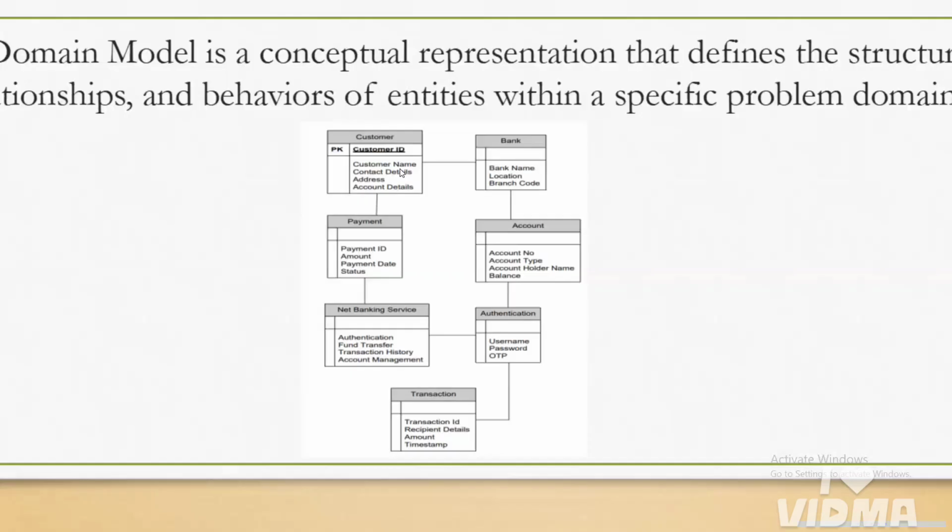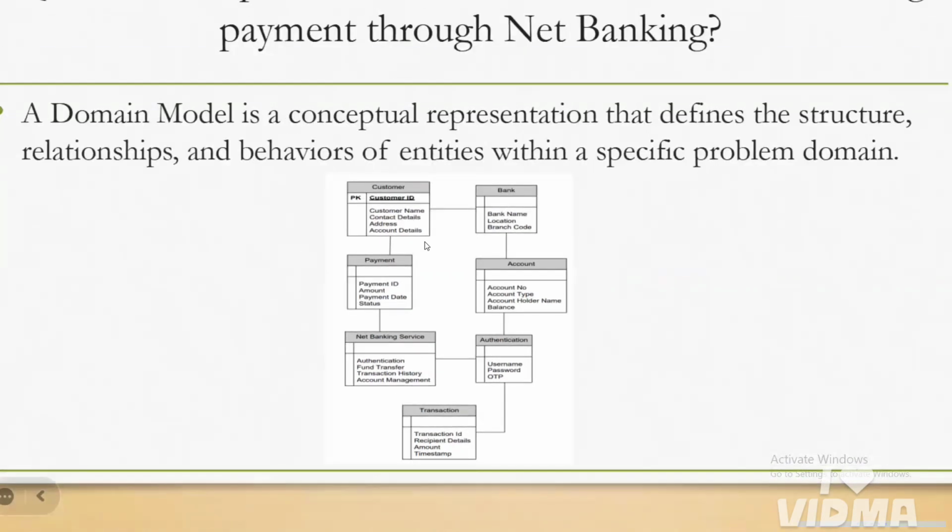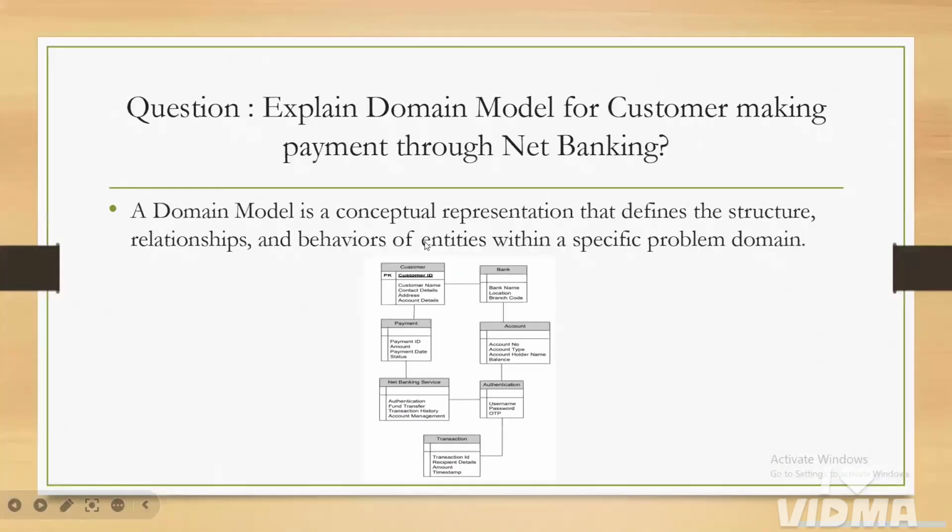Bank name, location, and branch code he will be having, and for account also in the same way. So we will be showing the representation, the structure, how it behaves, and what the relations of each and every database are. Okay. So this domain model is nothing but a conceptual representation. Okay. And the next question.